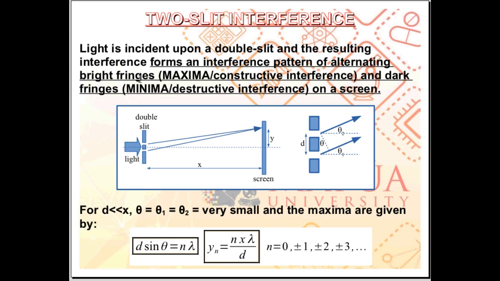Bright fringes, also called maxima, are due to constructive interference, whereas the dark fringes, also referred to as the minima of the interference pattern, the minima are due to the destructive interference of our two waves.